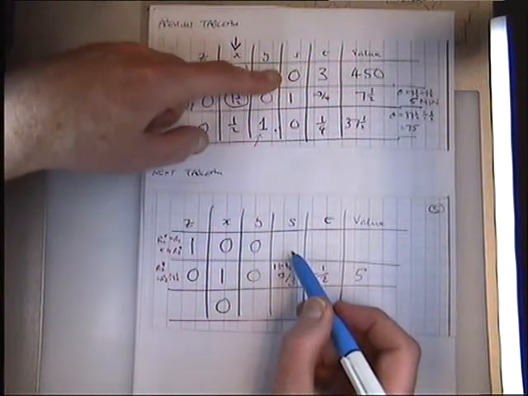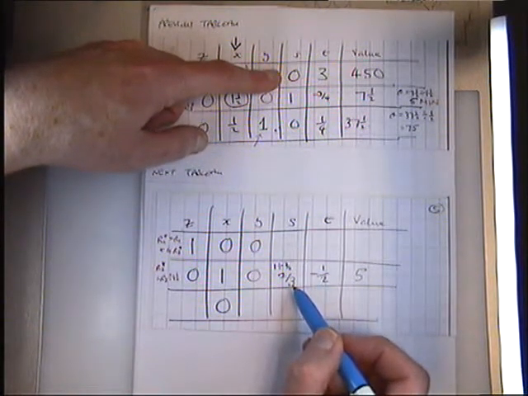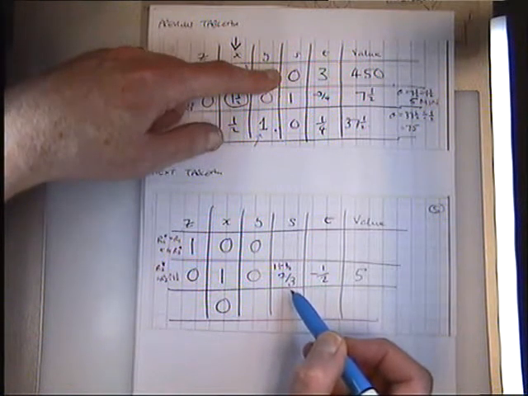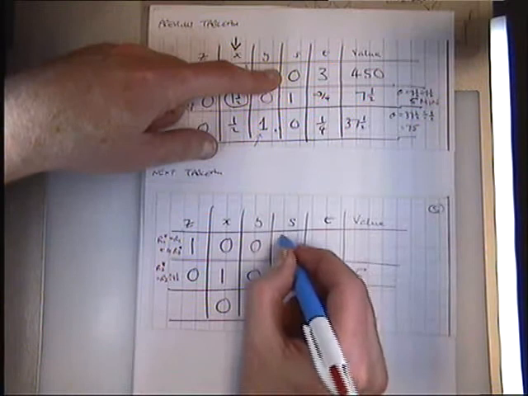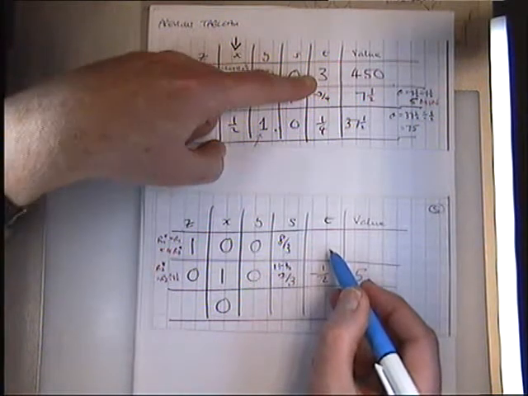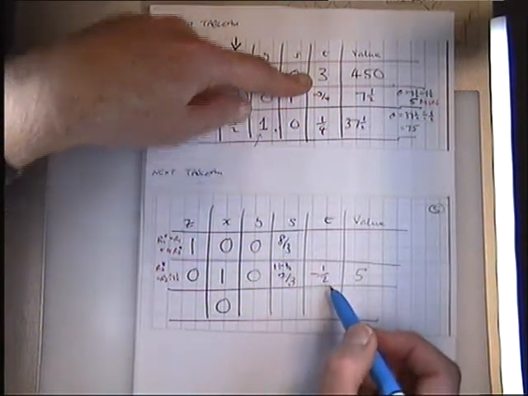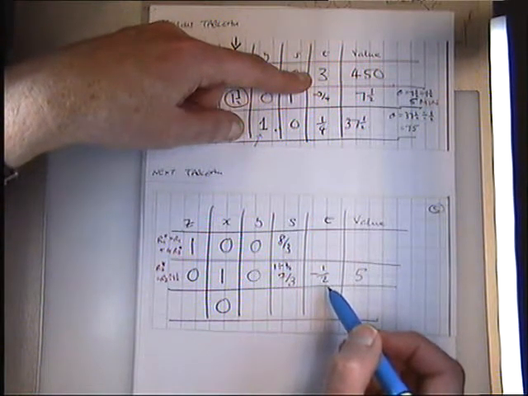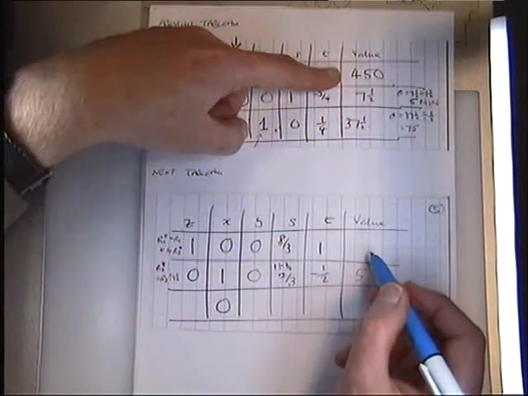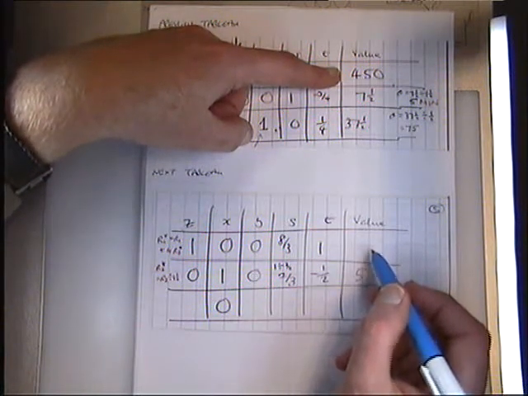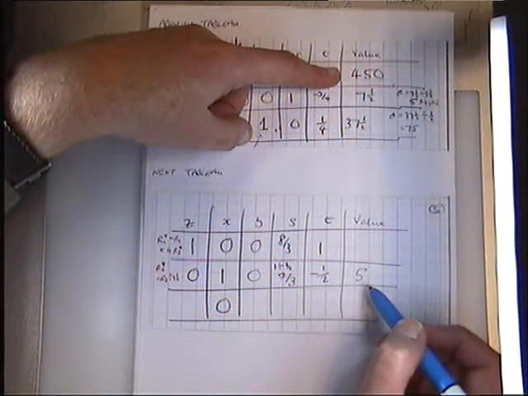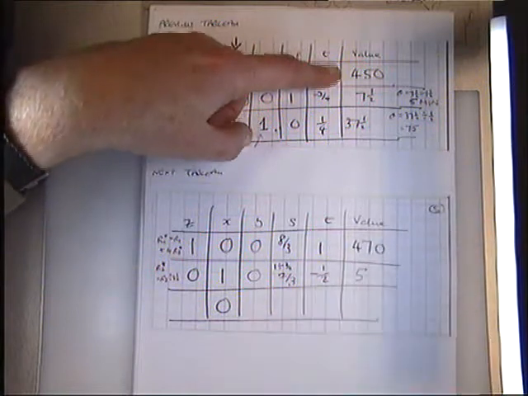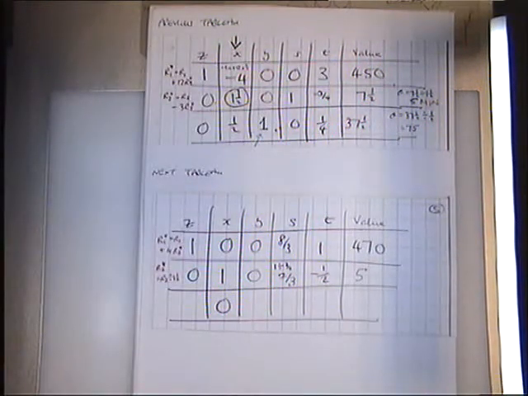Next position will be 0 plus 4 lots of 2/3, and it's easier to work in top heavy fractions. 8/3. This position, it would be 3 plus 4 lots of -1/2. Is 1. And in this position, 450 plus 4 lots of 5. 470. Okay. So that is that top row in this tableau completed.